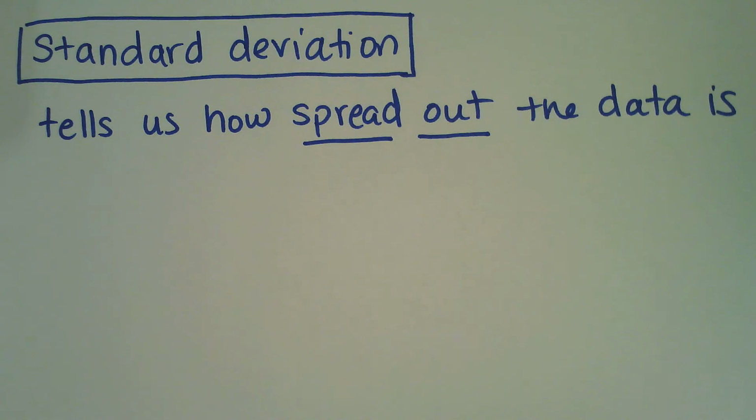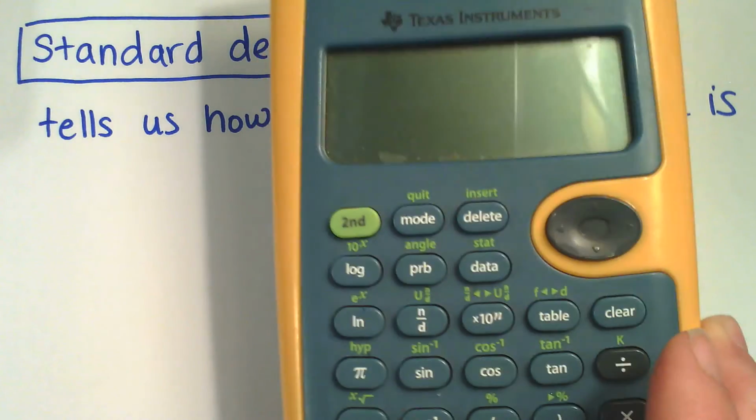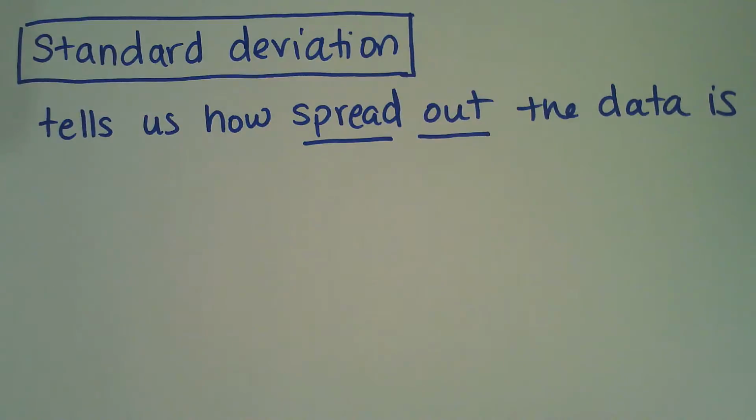Or usually I would give you a calculator and we would talk about how to put the data in the calculator. But Delta Math has its own standard deviation calculator that we're going to use to calculate how spread out the data is.